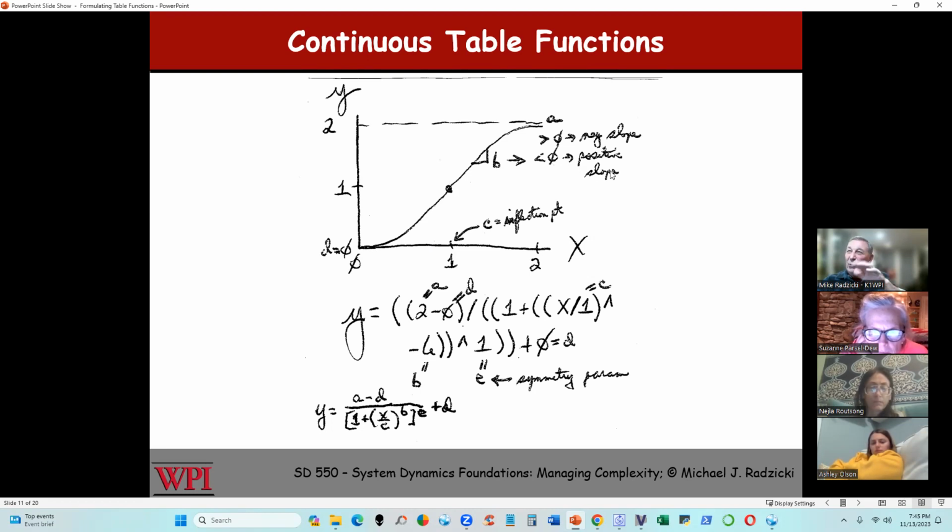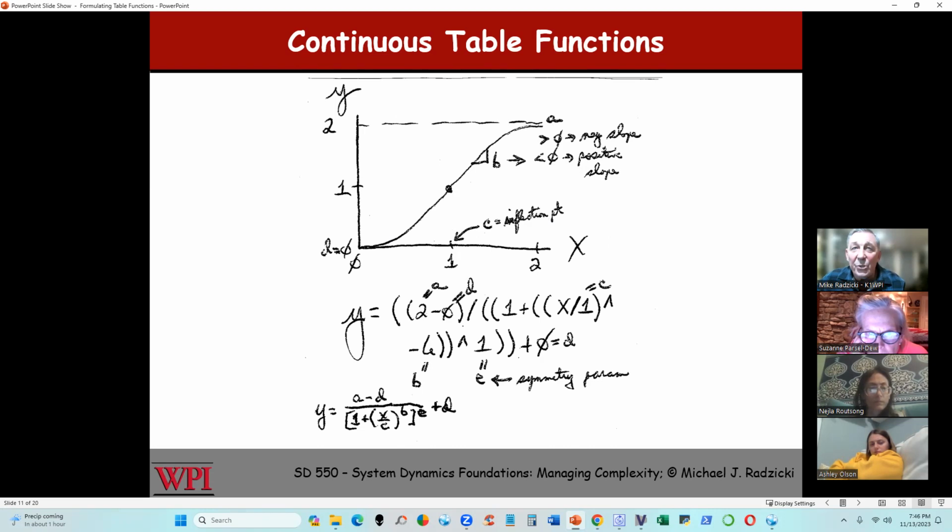It's usually different with a line. C is where the inflection point is. And then E is the symmetry parameter. Like, does this side look like this side of the thing, or is it asymmetric? It's like this, and then a little bit abrupt over here, or is it very symmetric? And depending on what you make A, B, C, D, and E, this thing will look very different.